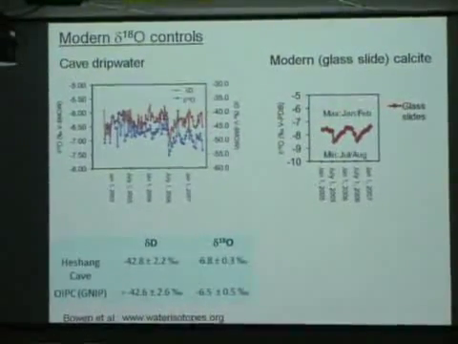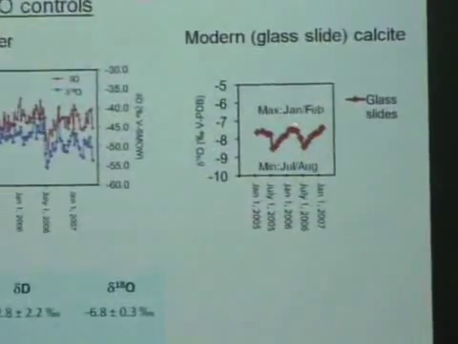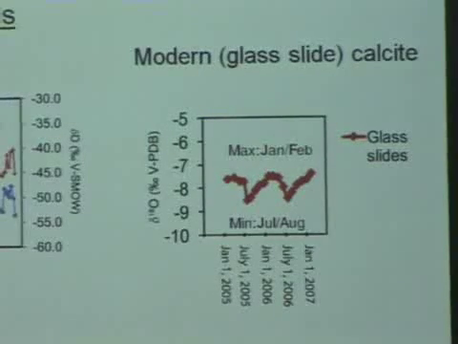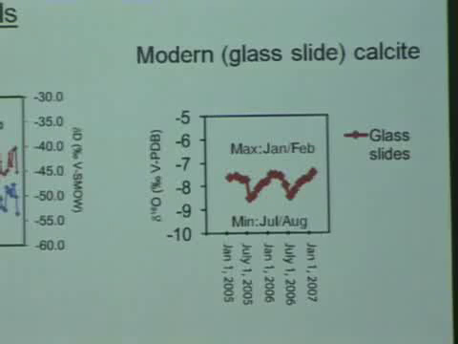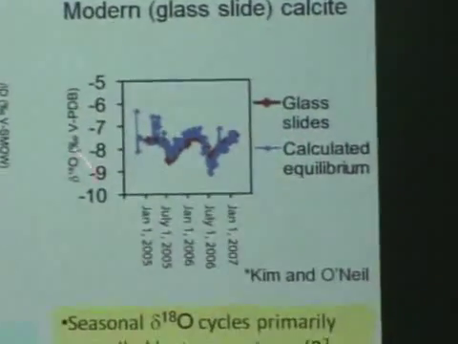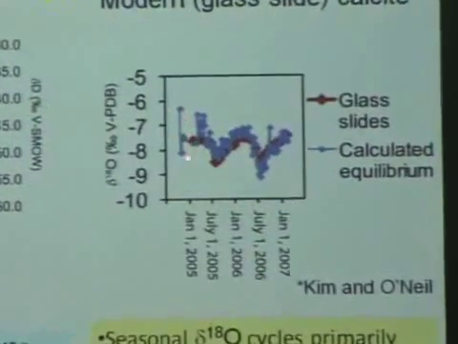Shown here now is the delta 18O of the glass slides, showing a clear seasonal cycle. And one interesting thing is that because we have the drip water delta 18O data and the temperature data over the same time period, we can calculate what the delta 18O of the calcite should be. If we do that, we get a very nice match, which shows that this calcite is deposited in equilibrium.